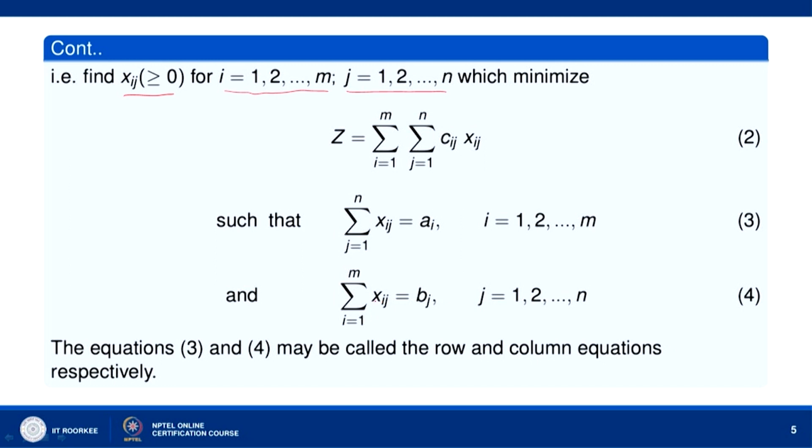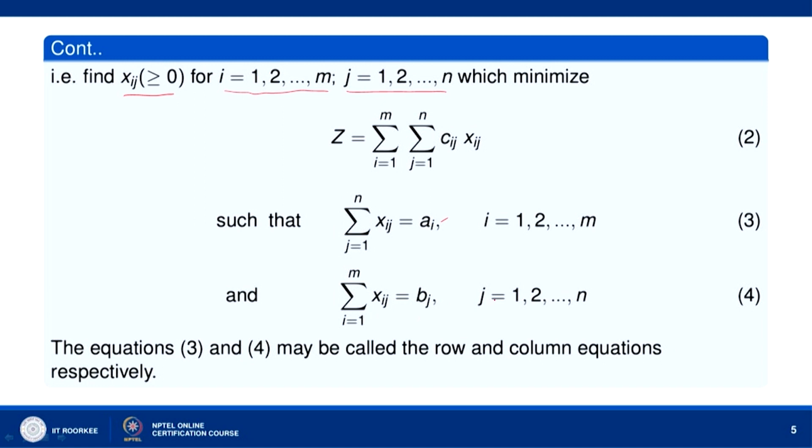Now, some of the x_ij's may be 0, there may not be any shipment from some sources, and there may be some from which a positive x_ij value will be there. So, x_ij for some i's could even be 0, that means from those sources there is no shipment of the product to the jth location. So, sigma i equal to 1 to m x_ij is equal to B_j. So, these are the constraints on x_ij.